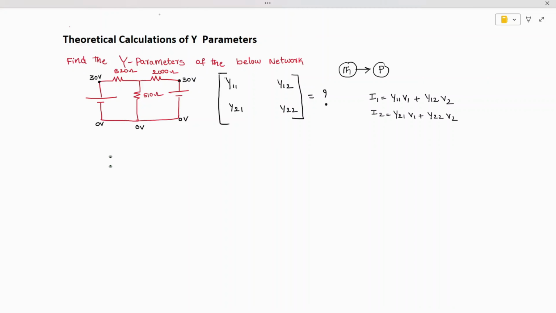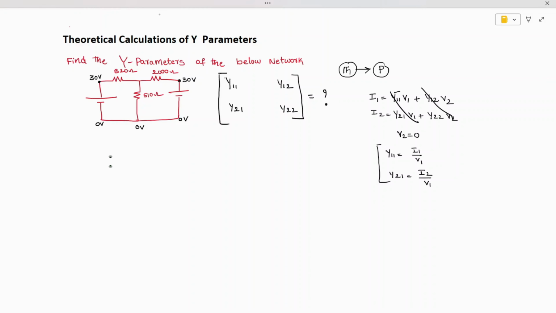To find the value of y11 and y21, I'm going to make v2 equal to 0. When we make v2 equal to 0, this term will become 0. Then the value of y11 is equal to I1 divided by v1, and y21 is equal to I2 divided by v1.